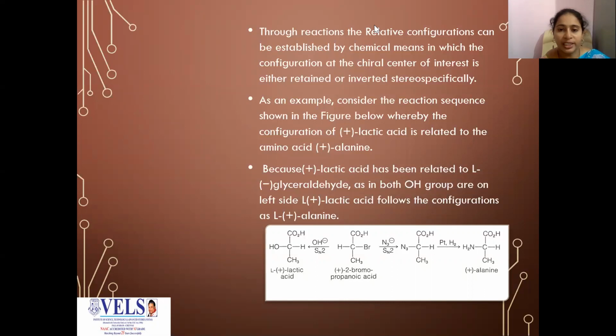Plus lactic acid, by a sequence of reactions with nucleophilic substitution, is first converted into 2-bromopropionic acid, and later with nitrite substitution and, in sequence, reduction it is converted into plus alanine. Here, the plus lactic acid and plus alanine are called levorotatory. Why? Because the OH and NH2 are on the left hand side.